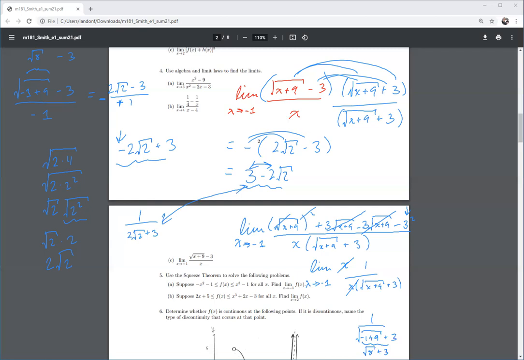Here, let me check something real quick, because I want to see if we can figure out why they put 1/6 there. Oh yeah.